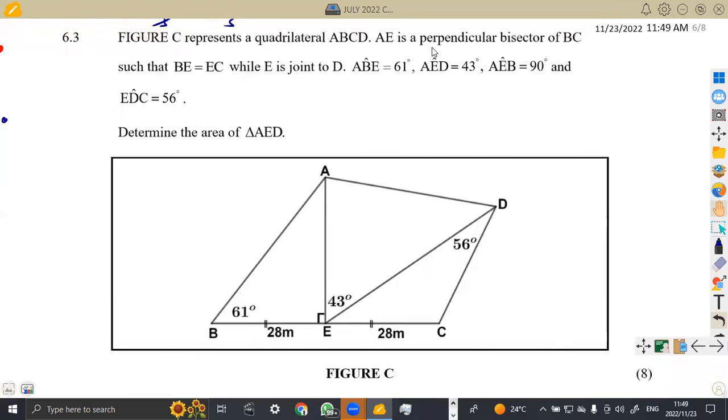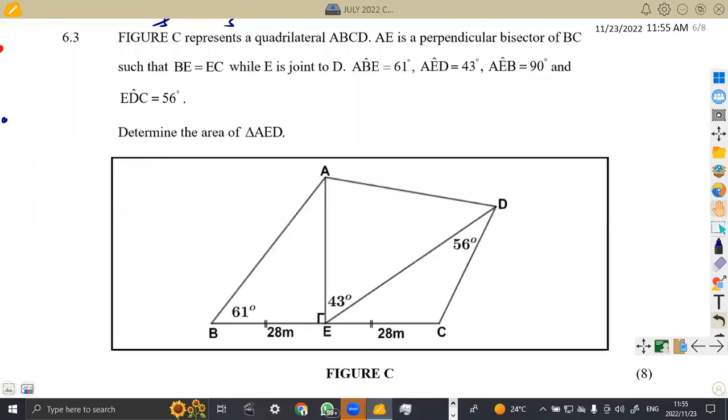We have got 6.3, which is the application of solving triangles. All right, we are given that the fig C that we see represents a quadrilateral. So it's a quadrilateral, and AE is a perpendicular bisector. Perpendicular bisector meaning it's bisecting at 90 degrees.